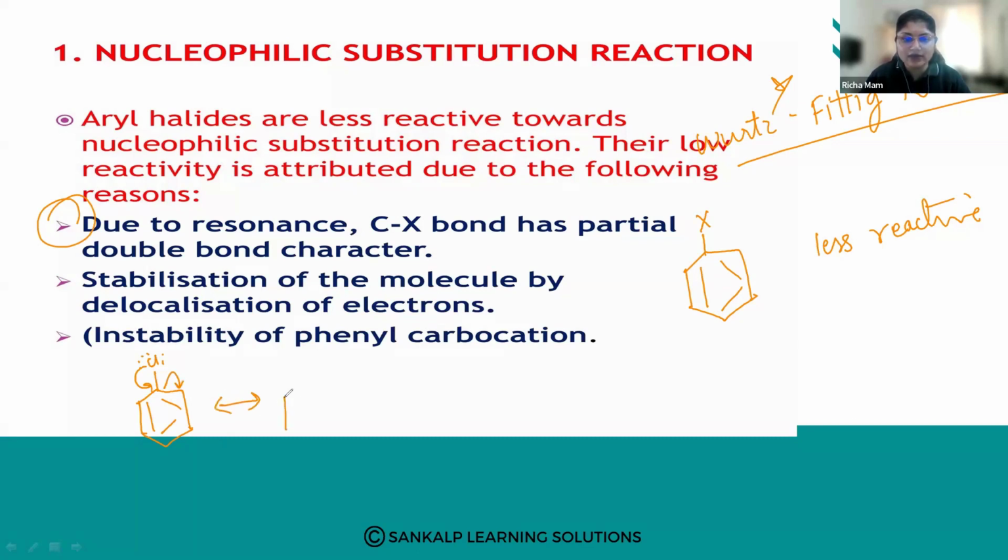So let me write the resonance structures. Okay, so the point will come here. Here you can see that it is having a resonance. Now this will move here, this will move here.